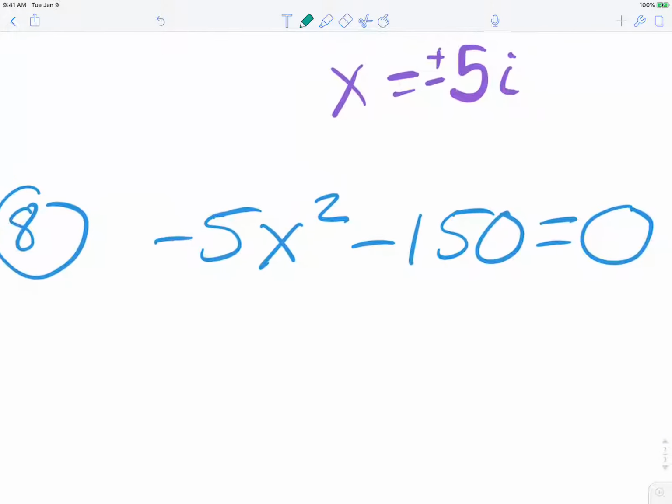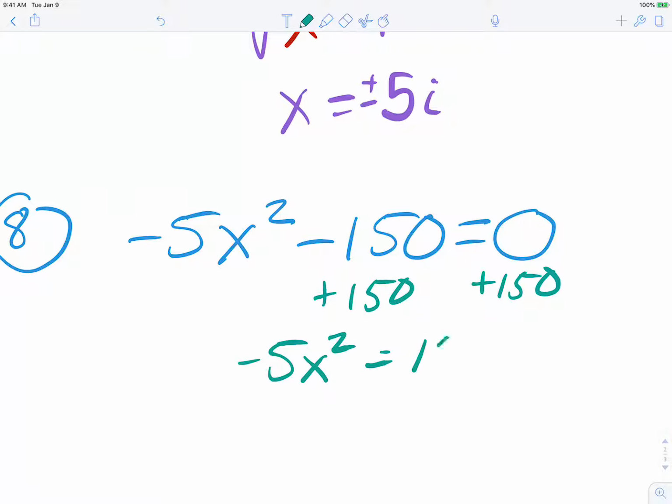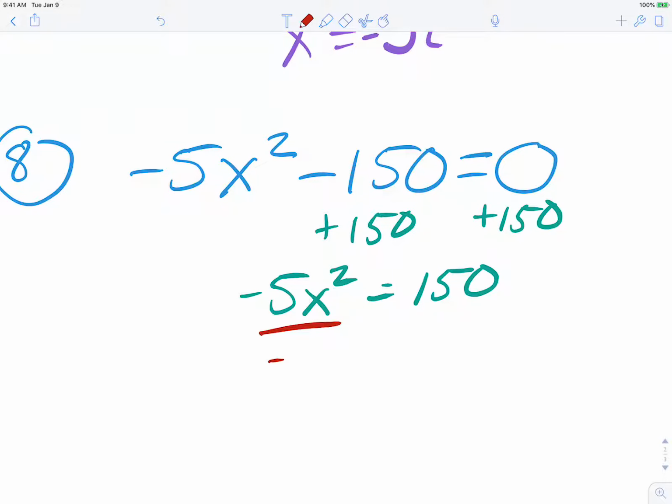And a couple more problems. Number 8, if I add 150 to both sides, negative 5x squared equals 150. Then we divide both sides by negative 5, and we get x squared equals negative 30.